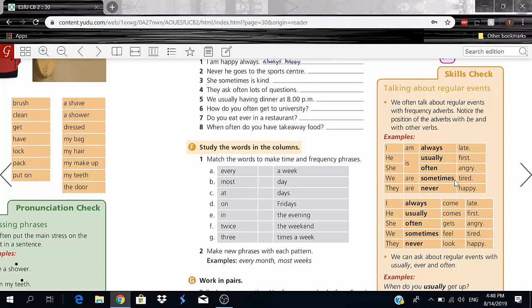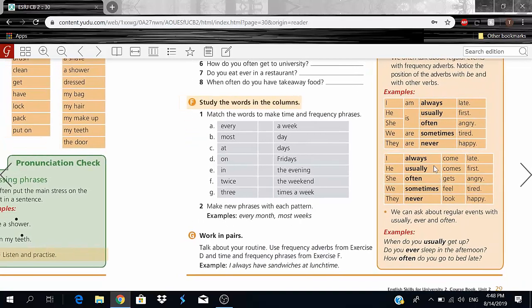We are sometimes tired. So, depending on the time, 20 to 30% probability we're sometimes just tired, okay? They are never happy. That means they're always in a pessimistic mood. They are never happy. These people don't know what happiness is. Now we have other examples.